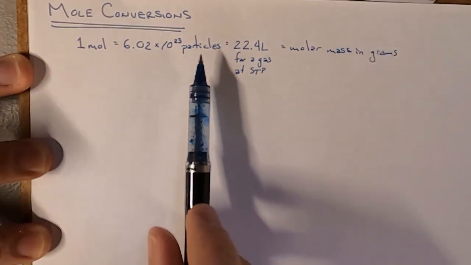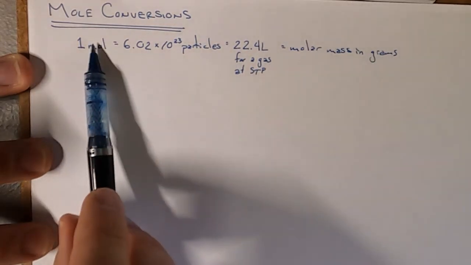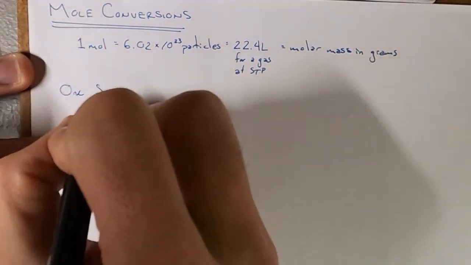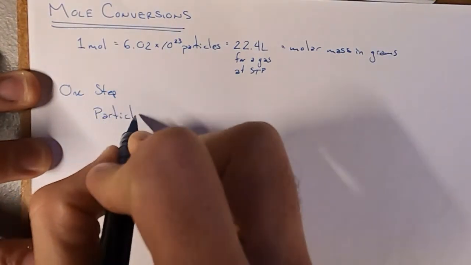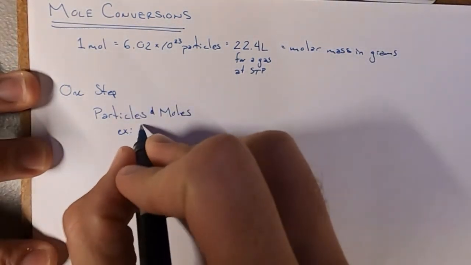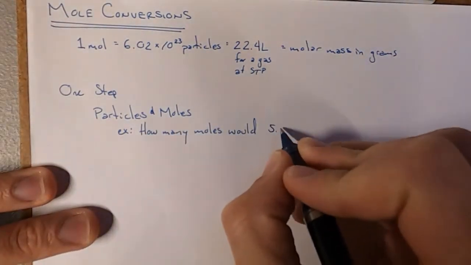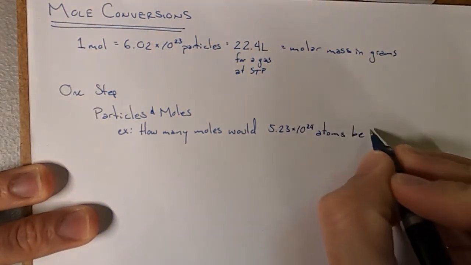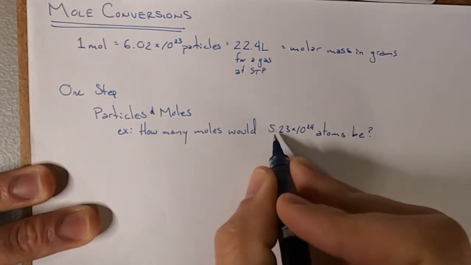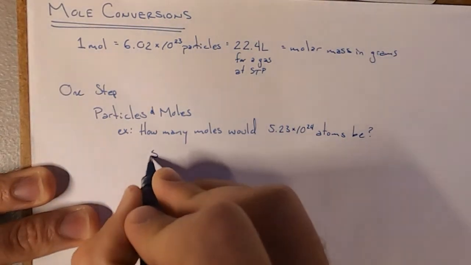For one-step conversions, we would be changing particles, liters, or grams into moles, or vice versa. So for example, if we were taking a number of particles, like atoms, and converting it to moles, it would look like this. We would start by writing down our number and its units, and then a times sign and a line.